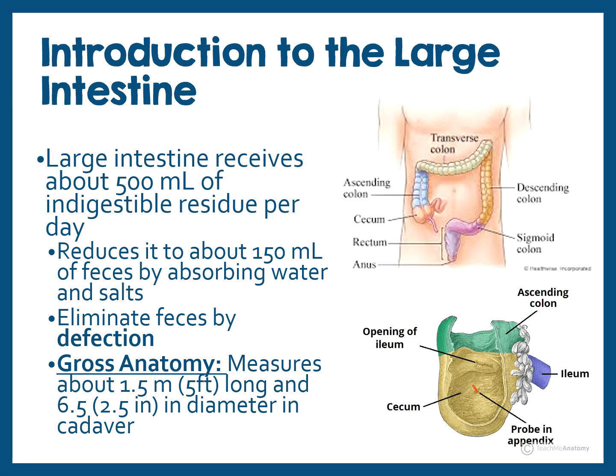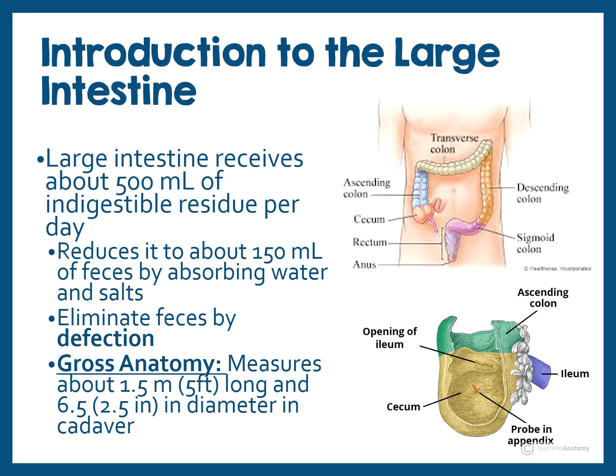So the large intestines are actually shorter than the small intestines, but they're called the large intestines because of the diameter. And the large intestines will receive about 500 mils of indigestible residue every single day.